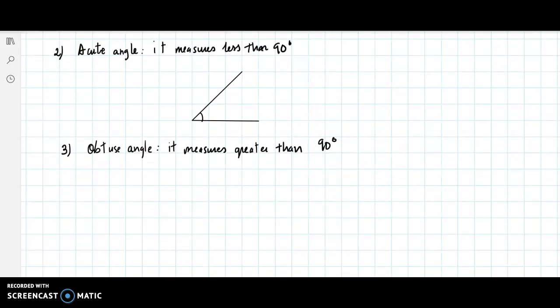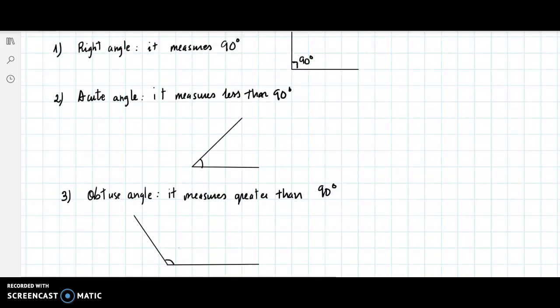So now we have to open the angle more than 90 degrees. So one line, one side, and the other side here. So we have more than 90 degrees. Okay, so this angle has more than 90 degrees.